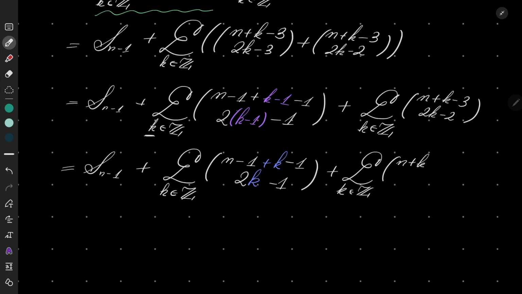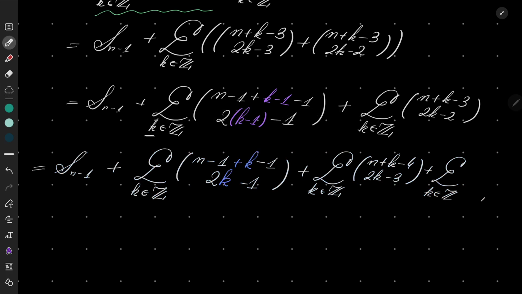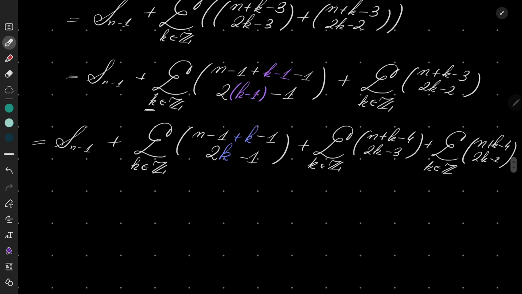So I will have (n plus k minus 4, 2k minus 3) plus a sum which goes over all integers, (n plus k minus 4, 2k minus 2). But I need some space. And let's take notice. This first is s of n minus 1. The second sum, if you look closely, n minus 1, it's also s of n minus 1.